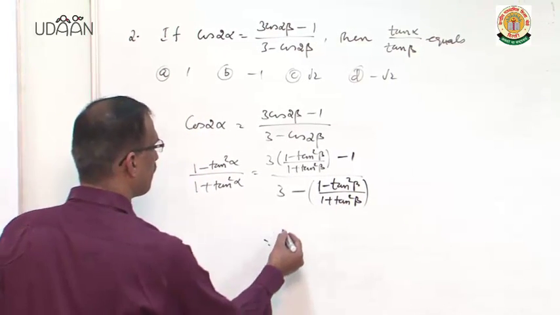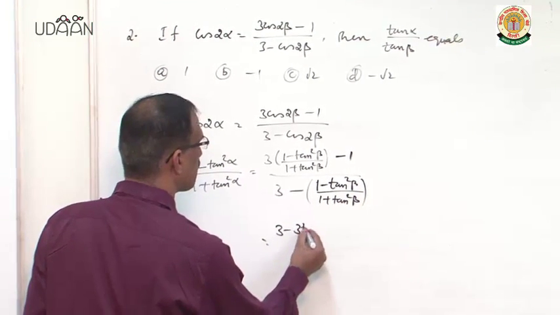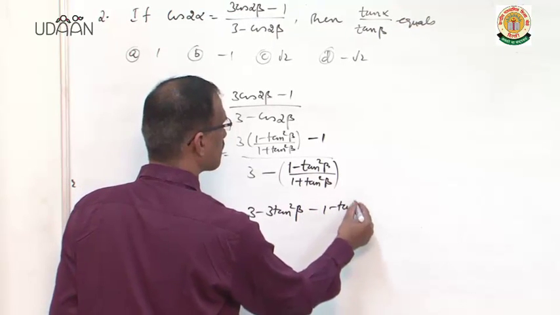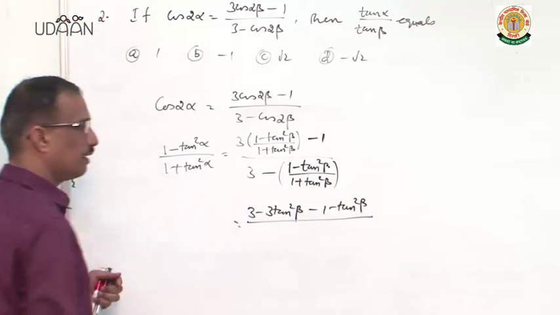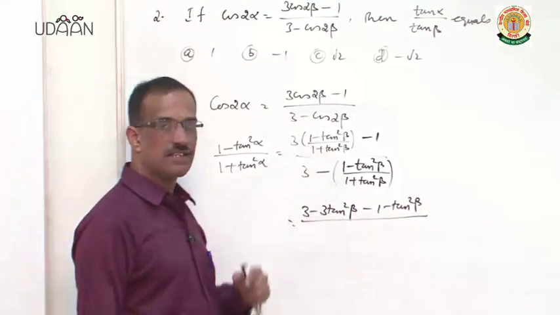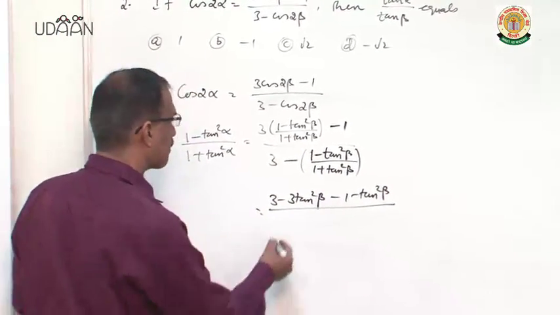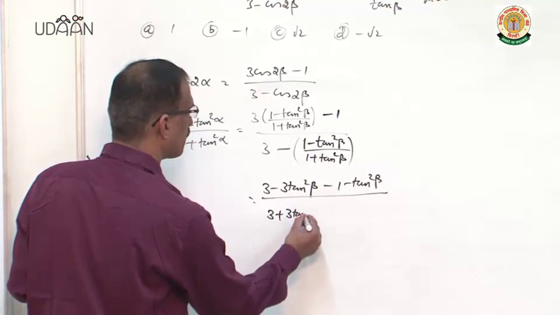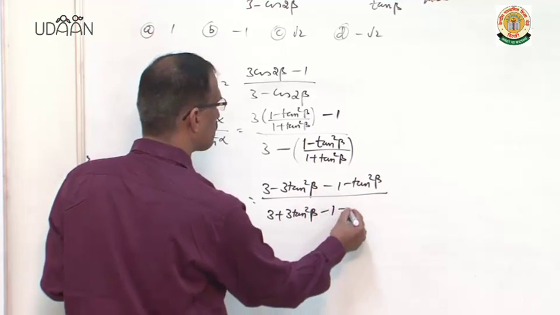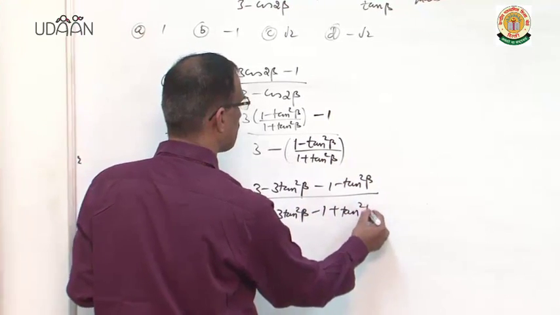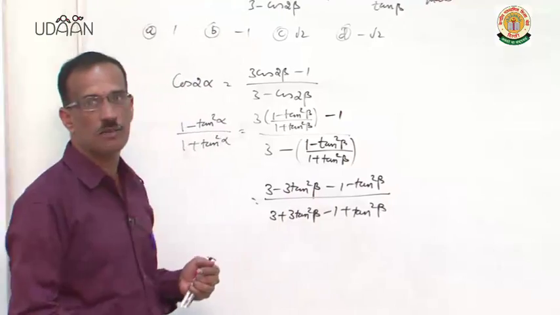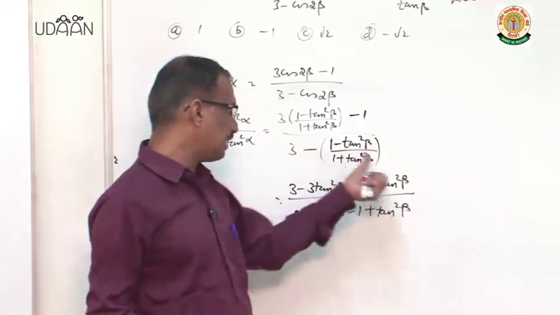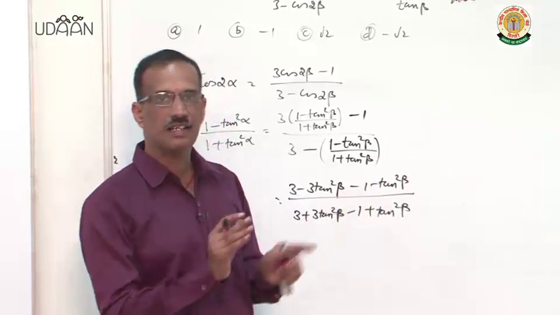If you further simplify this, in the numerator you get (3 minus 3 tan squared beta minus 1 minus tan squared beta) divided by (1 plus tan squared beta). Similarly, in the denominator you get (3 plus 3 tan squared beta minus 1 plus tan squared beta) upon (1 plus tan squared beta). Then the numerator 1 plus tan squared beta and the denominator 1 plus tan squared beta get cancelled.